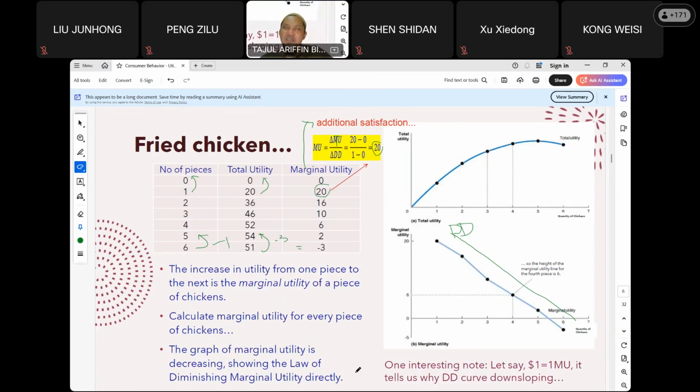Later you will see that you have to assume $1 equals one happiness.